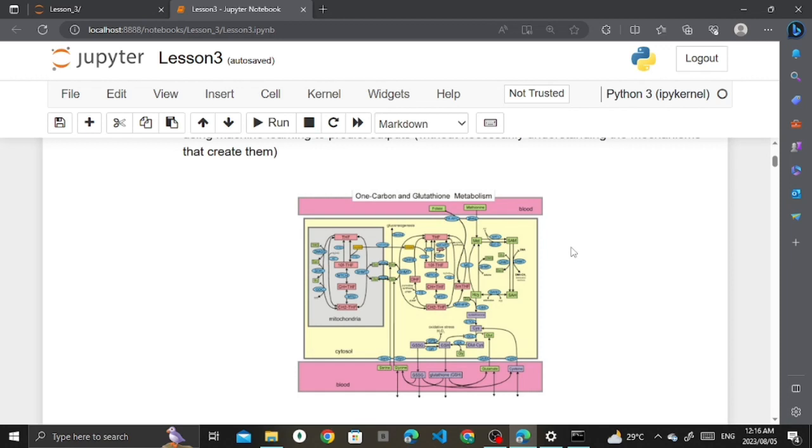A researcher a long time ago was looking at this process that happens within one carbon cell metabolism. Here the rectangles represent some strains, the ovals represent enzymes, and then we have all of these different reactions. This school of research was building computer models with a bunch of PDEs showing how these reactions happen.